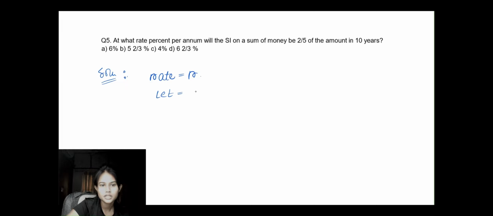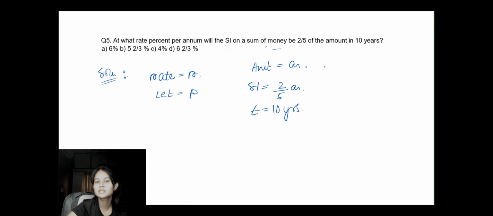Let principal be P. What it is said, the SI on a sum of money is 2/5 of the amount. So if my amount is A, then my SI is 2/5A, correct? So I'm getting this, and time is given as 10 years.